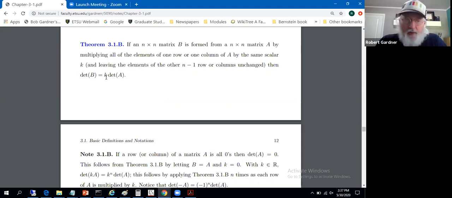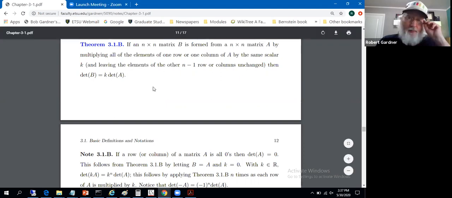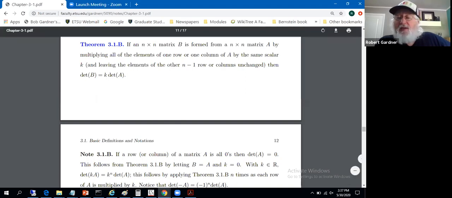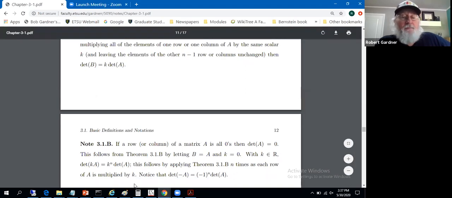That's not an allowable elementary row operation, but it wasn't disallowed in the way theorem 3.1.b was stated. So if you take K to be 0, take matrix A, and multiply one of its rows by 0 to produce matrix B, you know the determinant's going to change by this factor of 0. So in so doing, we'd see that if we have a row of zeros, then the determinant of that matrix must be 0.